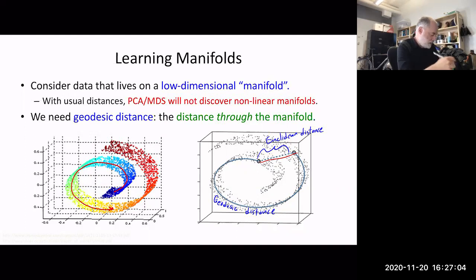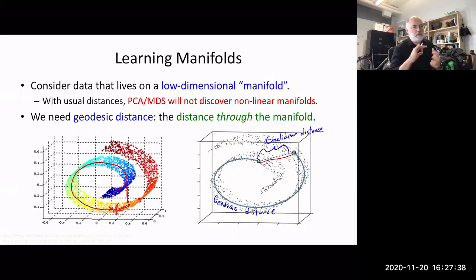The point which I tried to illustrate earlier is that if you think about MDS, it's difficult to draw on here, but for this point, all of these points here are the same distance as this point, and these distances to all these points out here are the same.